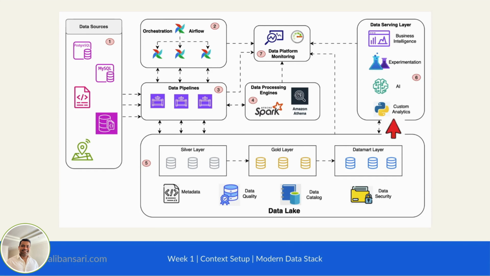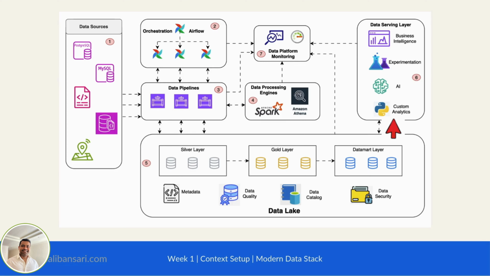Now, let's understand the data serving layer. The data serving layer is the final step in the data pipeline where the processed data is accessed and used for decision making, analysis, and other business activities. Its purpose is to take the cleaned, transformed, and structured data from previous layers like the data lake, and in the data lake, if you look at the core layer or data mart layer, and make it available for analysis, reporting, machine learning, and other applications.